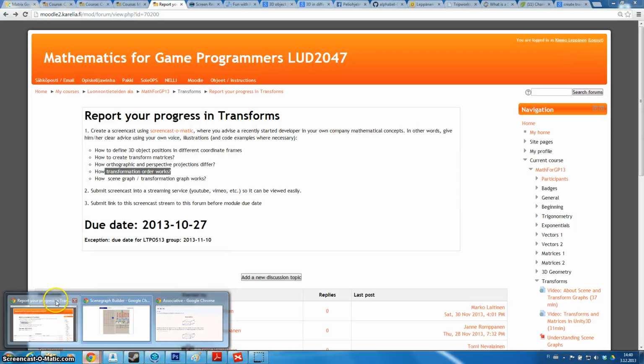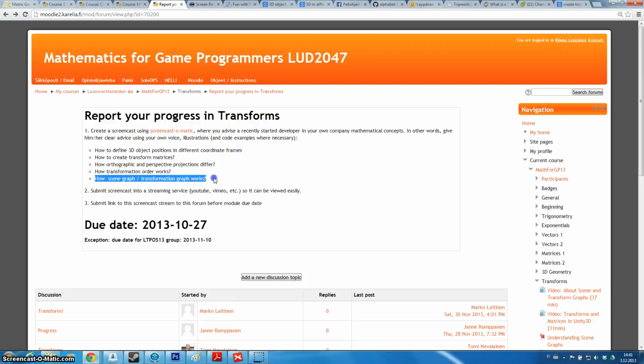Okay, then the next one, how scene graph and transformation graph work.